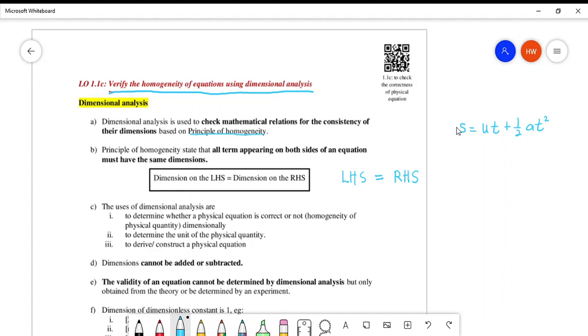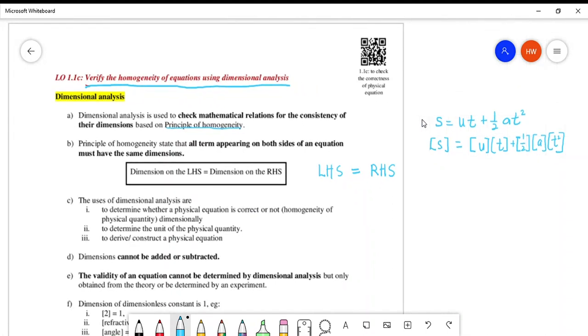So I need to check that the dimension of S must be equal to the dimension of the whole thing here, which is the dimension of UT plus half AT squared.